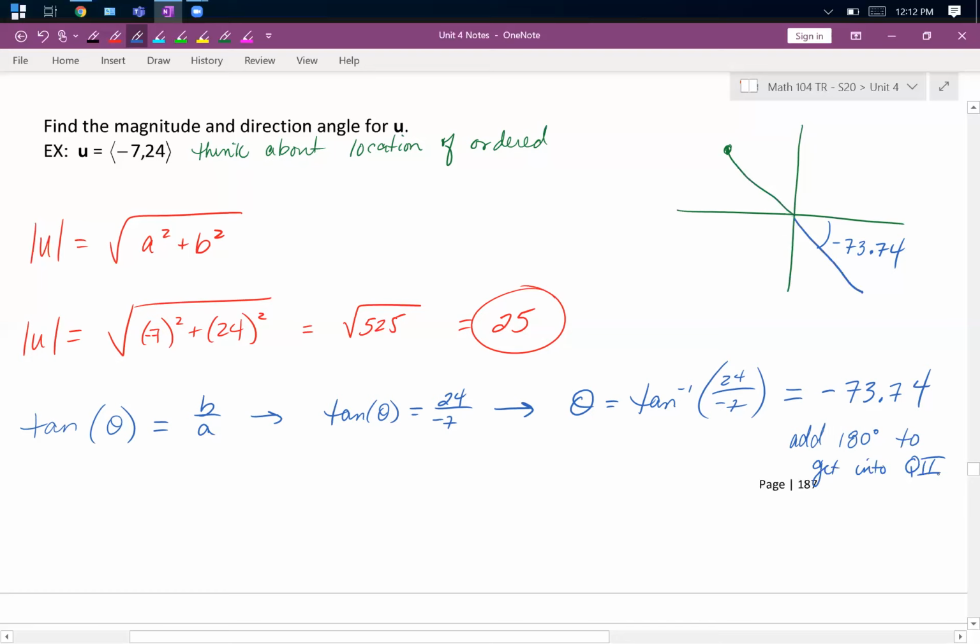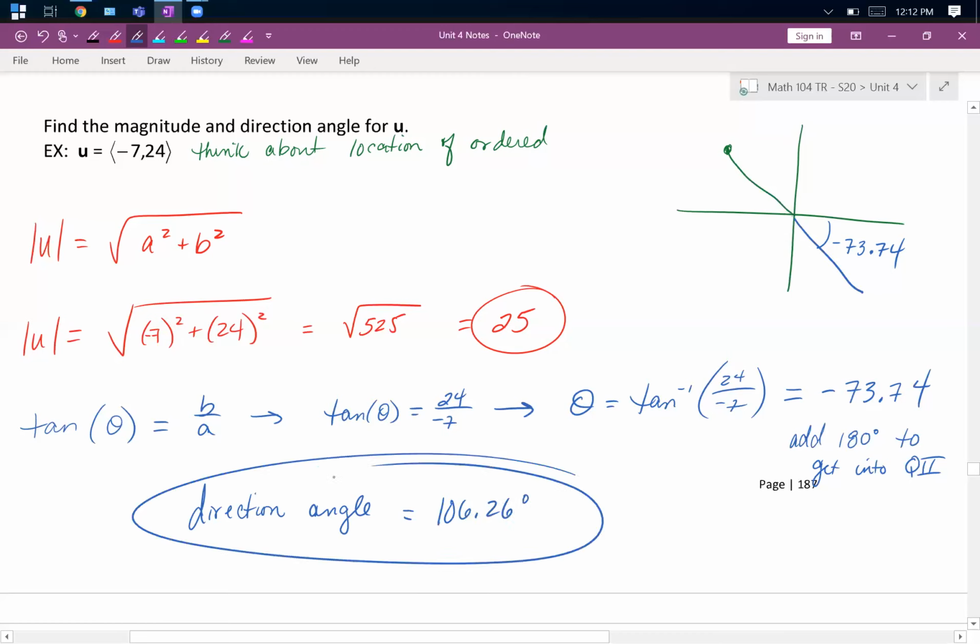So our real direction angle equals 106.26 degrees. So when you find your direction angle, it's important that you also plot the actual vector so that you know if you need to add 180 or not.